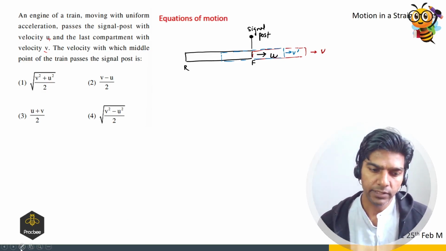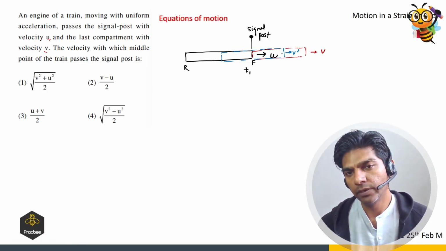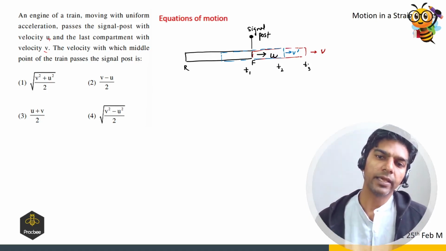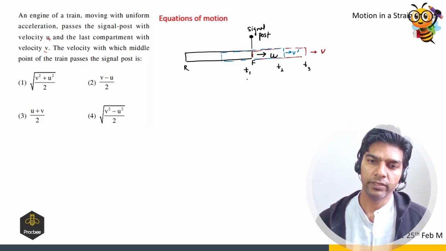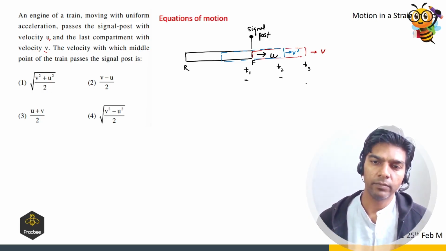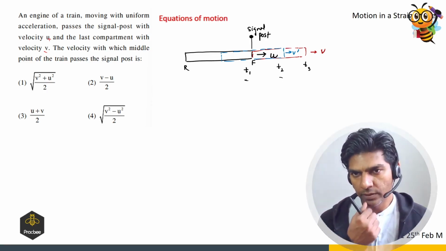So I'm calling these three instants: the first instant is t1, the second instant when the middle crosses the signal post is t2, and when the rear crosses the signal post, that instant is t3. So let us apply equation of motion between t1 and t2, and then between t2 and t3, and we'll try to simplify the equations.